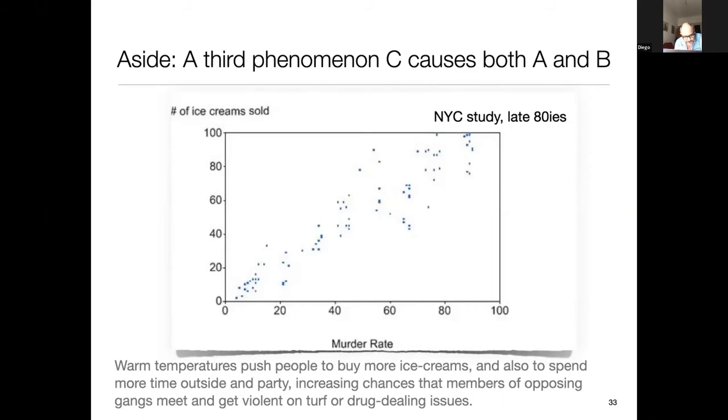They party and sell drugs, and it's more likely that different gangs come into contact and start fighting over drug dealing issues. And therefore the violence. But also when it's hotter, people buy more ice cream because it feels good to eat an ice cream when it's hot. And therefore you see this very funny correlation here.